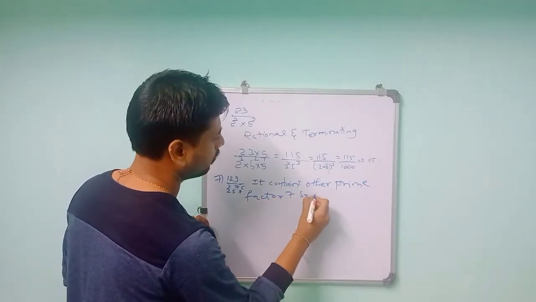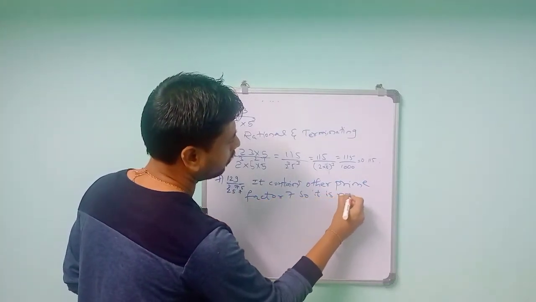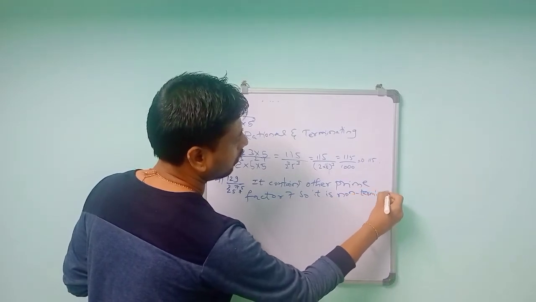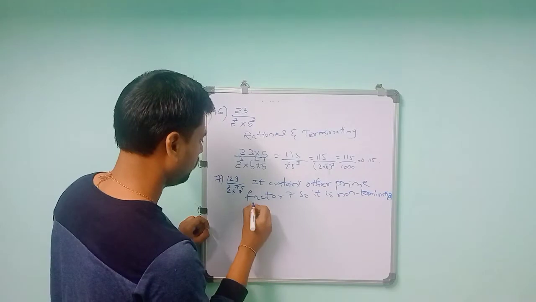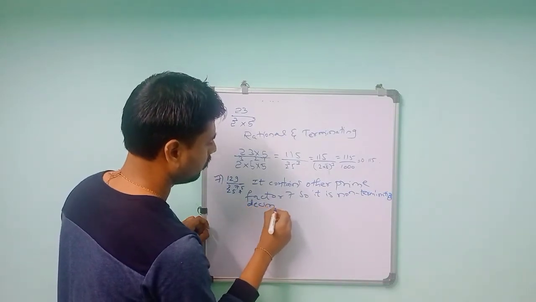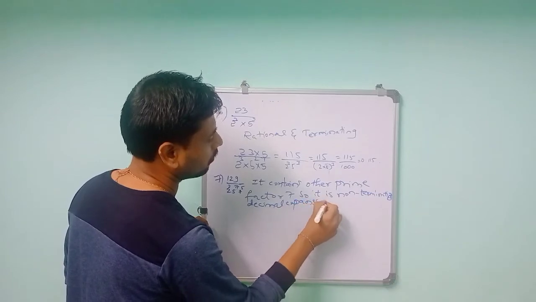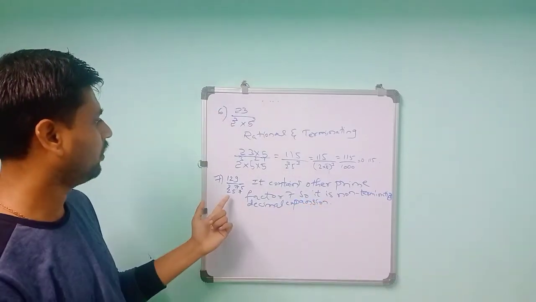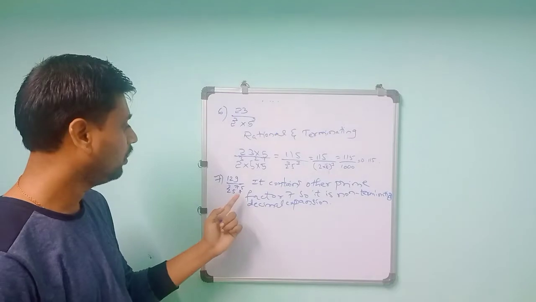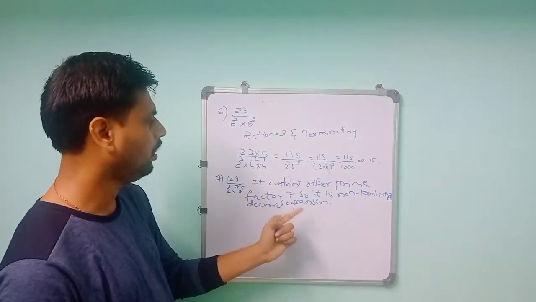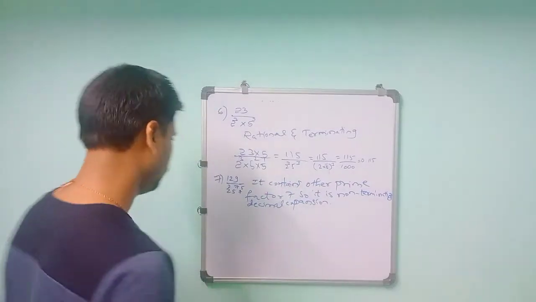So it is non-terminating decimal expansion. Why? Because it contains another factor. 2 is present, 5 is present, but 7 is also there. It should not contain it, because it contains the other prime factor 7. So it is non-terminating decimal expansion.